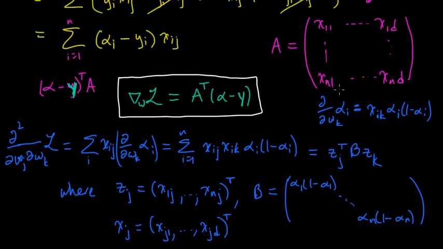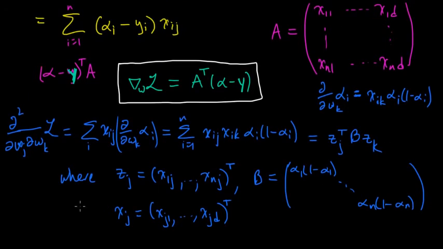Since these z's are the columns of A, we need to take A transpose to get the column, to make it a row, and then times B times A again, and then multiply back down by a column.